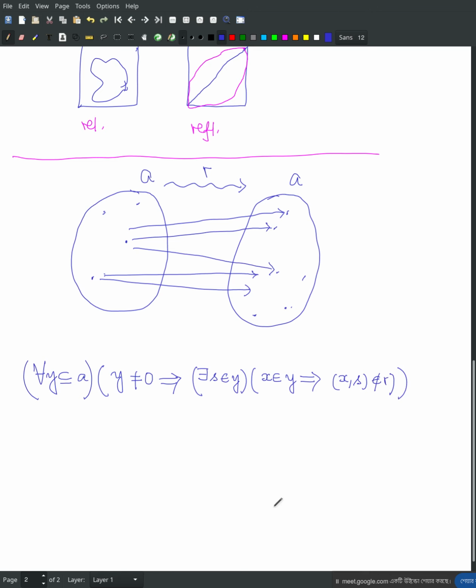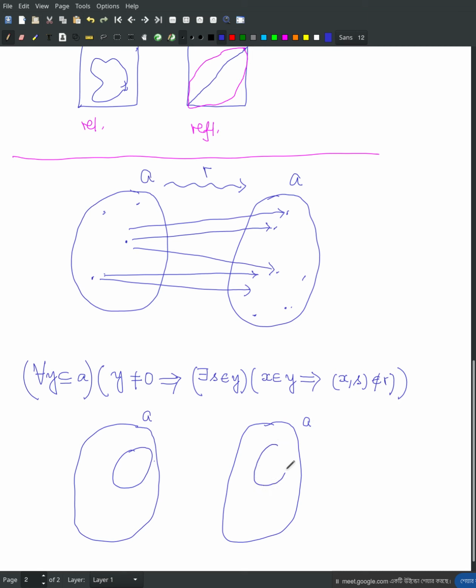So what does it mean? It means that you take any subset of A. So that's the subset Y. It is non-empty, so it has things inside.